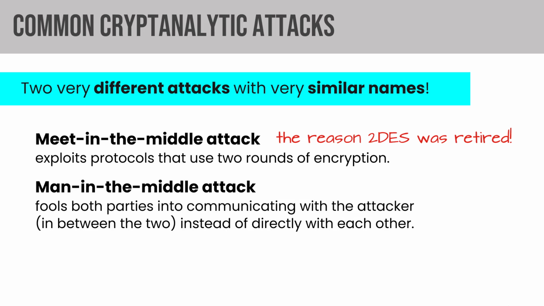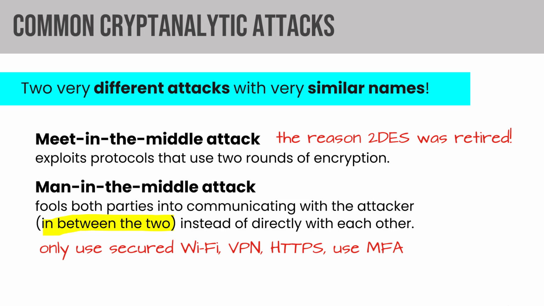Now, on the other hand, man-in-the-middle attack, something you're going to hear about much more frequently, I would predict, is where you have both parties communicating with the attacker who sits between the two instead of directly with each other. This is commonly implemented through an unsecured public Wi-Fi router, an access point. So to avoid man-in-the-middle, you want to use only secure Wi-Fi, VPN.